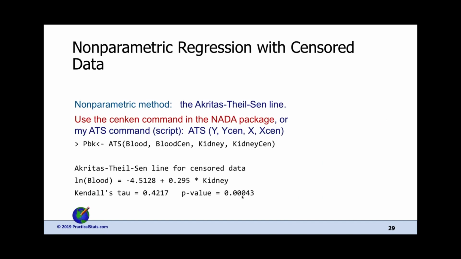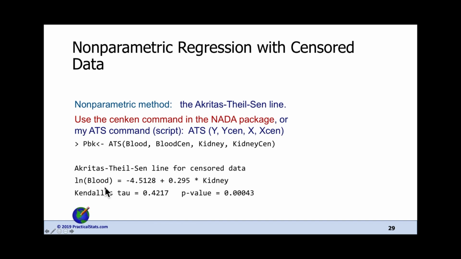You could do a non-parametric version of all of this. It's the Akritas-Theil-Sen line. It's the cenken command in the NADA package. Again, my ATS command as well does it and gives you back the intercepts and slopes. This is actually a fairly similar intercept and slope because the log of the data looked nice and linear.